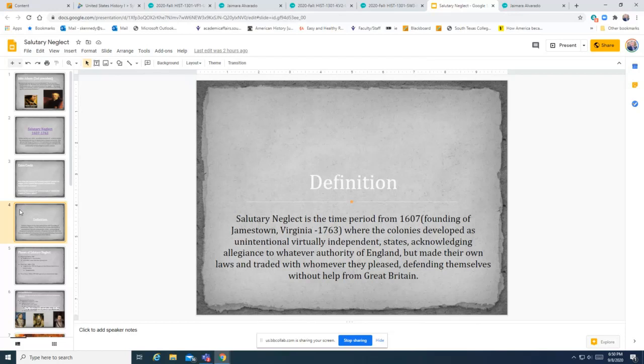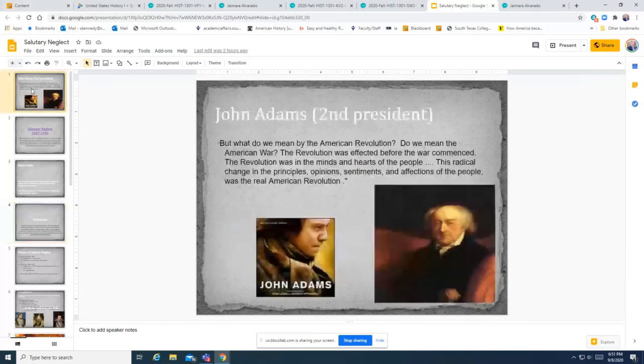And even from 1763 all the way to 1776, most colonists who were even revolting were not talking about independence. It's only towards the end, when they realized that there was just no resolution, that they had to break free from Great Britain and do what they had been doing all along, which was govern themselves, right?